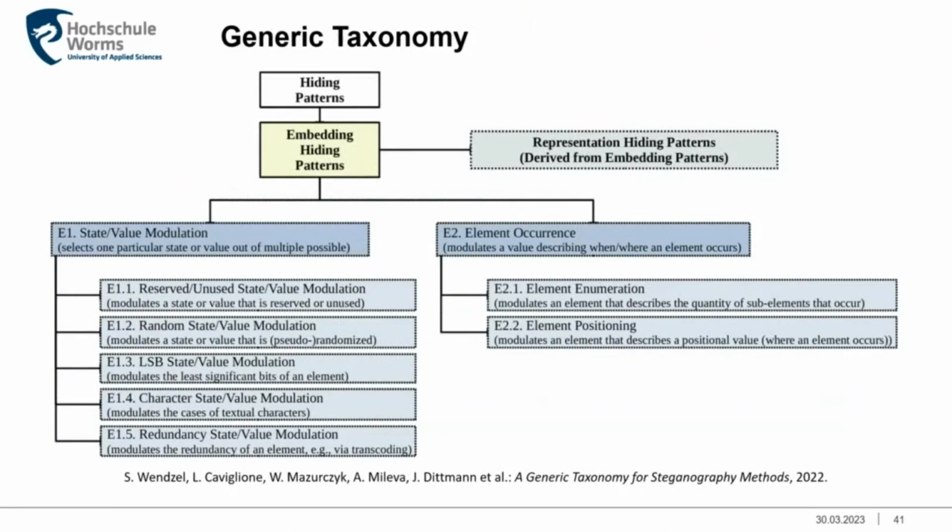So either we modulate the value or state, or we change the element's occurrence, for instance, the number of elements or the position of an element, like a pixel or a frame in a video. And yeah, this is extremely simplified, but it's like a first layer. And everything fits into these few patterns. And the representation patterns are simply derived from these embedding patterns that are shown here.